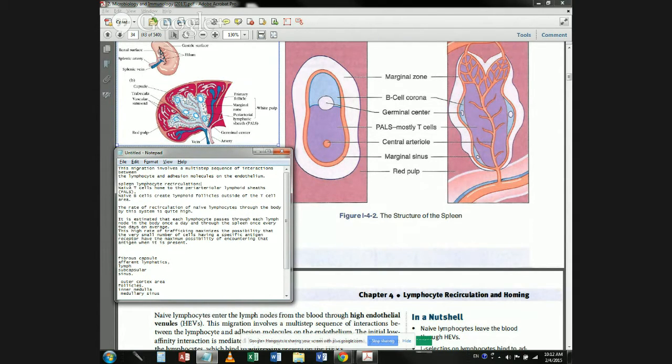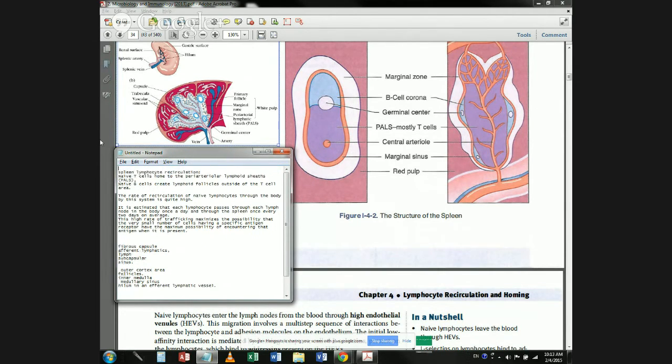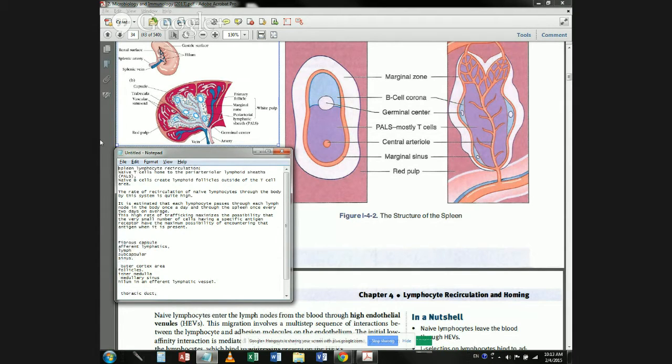And so, a multi-step sequence of interaction between lymphocytes and adhesion molecules. So it's probably using the same selectin molecules, L-selectin on B and T cells and addressins on the endothelial cells. So what is the rate of recirculation of any naive lymphocytes, whether they're going to the lymph node or the spleen?